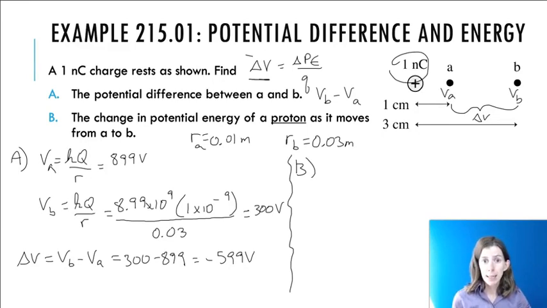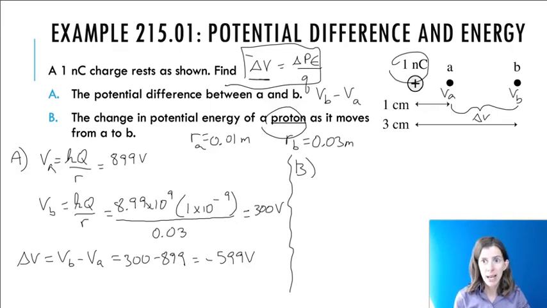So part B says the change in potential energy of a proton as it moves from A to B. So we have a charge that is moving from A to B, and we know that there's a potential difference between A and B. So that's when we're going to use this equation. When a charge, little q, is moving through a potential difference delta V, then that charge has a change in energy, whether it's a gain or a loss.